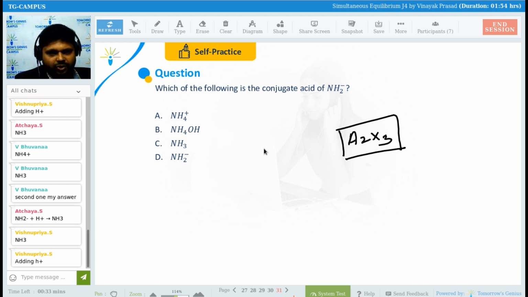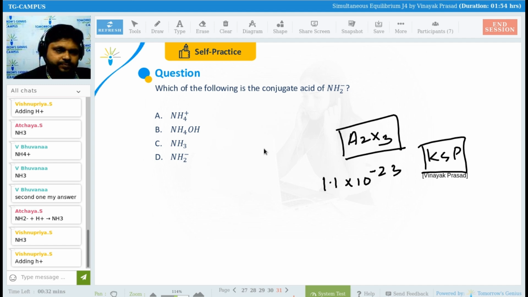The solubility product of A2X3, KSP, equals 1.1 into 10 to the power minus 23. So the KSP value has been given to you. Is it okay? So now try to solve this question.